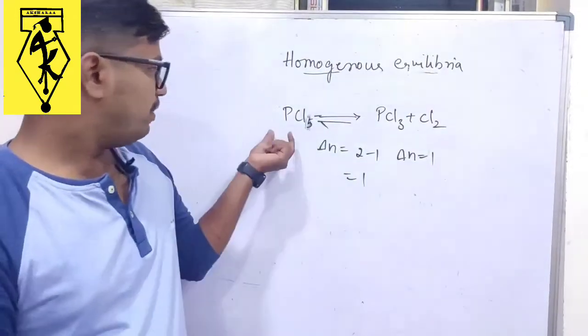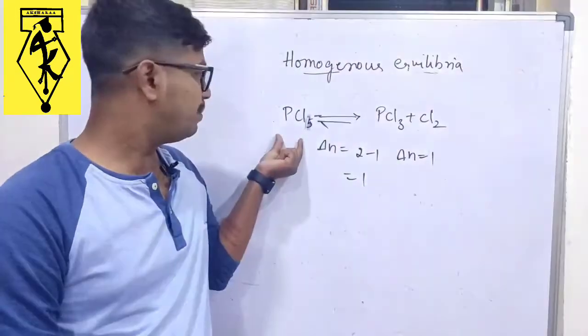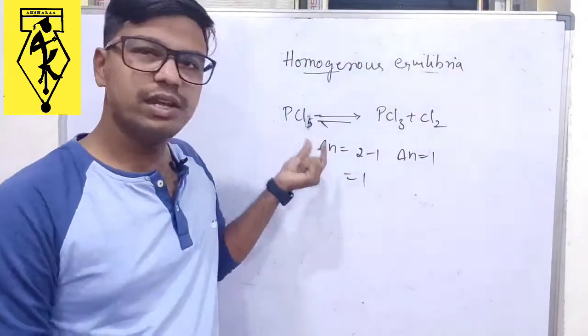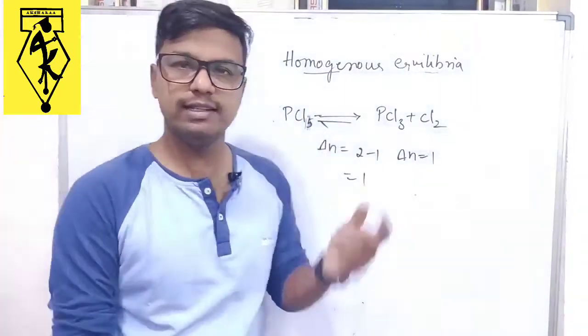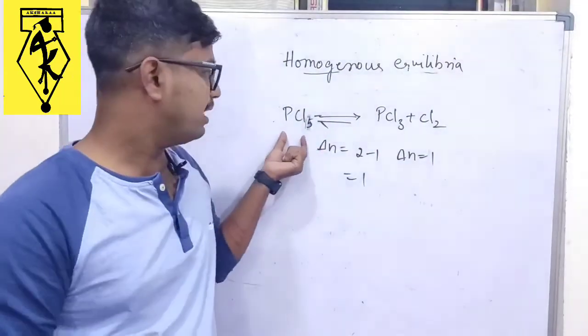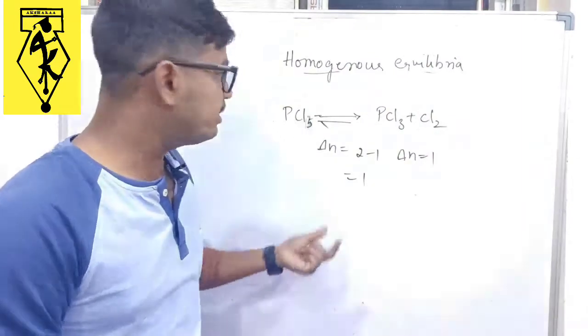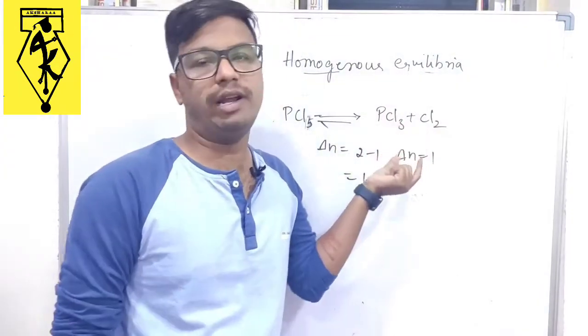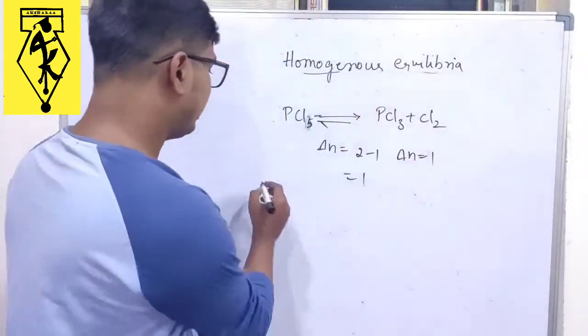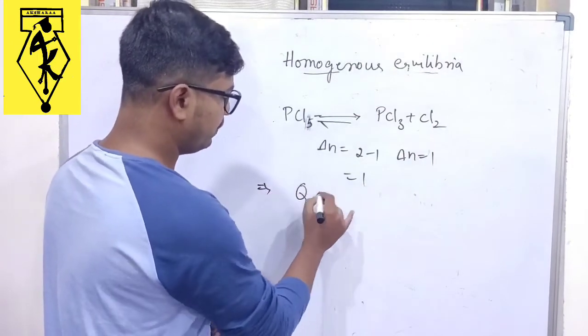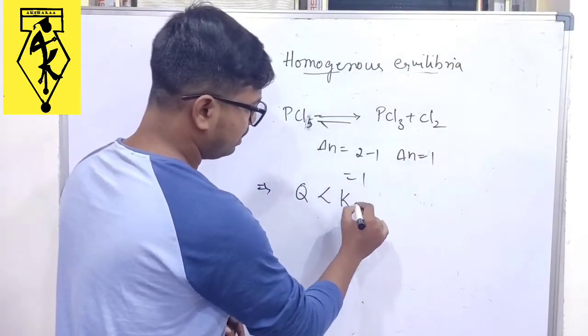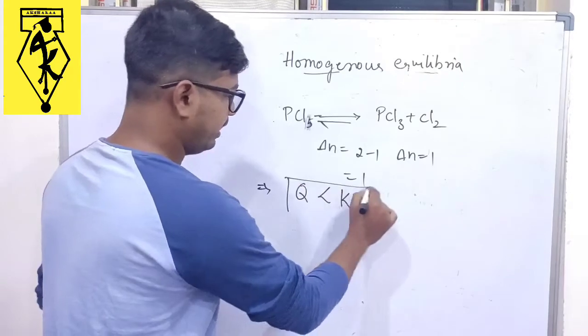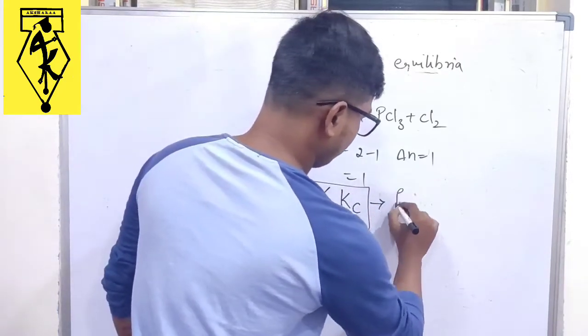So what happens when we increase the concentration of PCl5? That means we are increasing the reactants. If the reactants are increased, the reaction moves in the forward direction, right? In that case, remember, the reaction quotient Q is less than Kc. This is the criterion for the forward reaction.